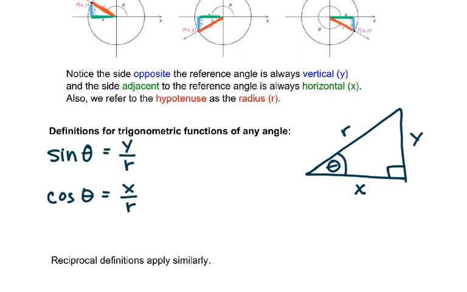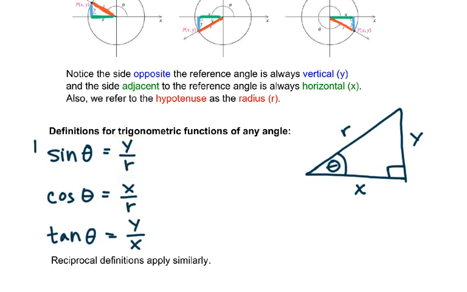Tangent is opposite over adjacent, or rather, sine over cosine. So then we know that tangent theta is y over x. And if I were to take sine and cosine and put them over each other, I would get y over x.